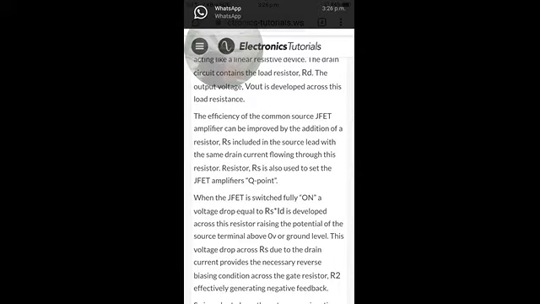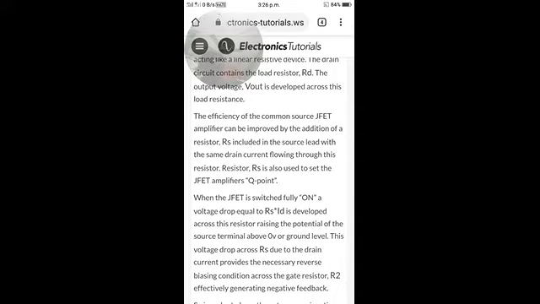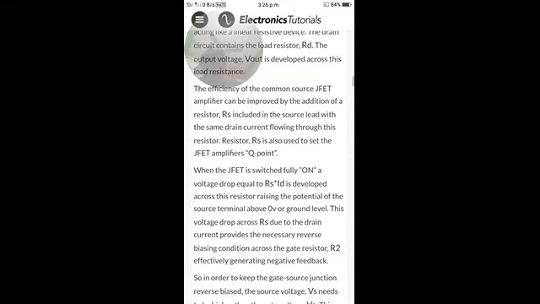This voltage drop across RS, due to the drain current, provides the necessary reverse biasing condition across the gate resistor R2, effectively generating negative feedback. So the voltage that is produced across RS will reverse bias the JFET effectively.